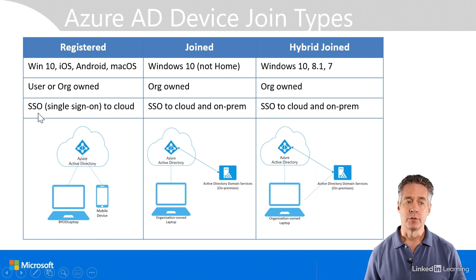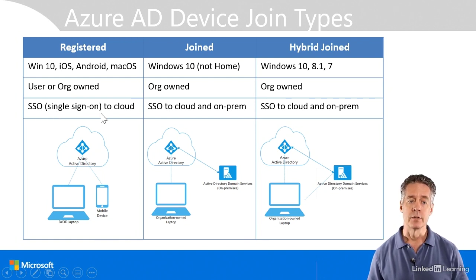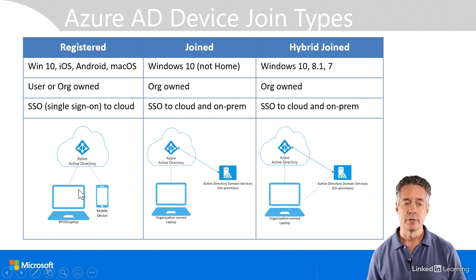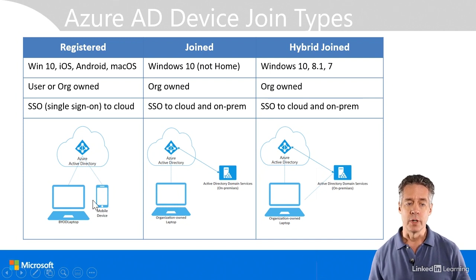It is possible to do single sign-on from these devices, but only single sign-on to the cloud, which means single sign-on to Azure AD itself. In the picture you can see here, like a bring your own laptop or a mobile device could both fall in these categories as being able to authenticate into Azure AD and therefore be registered.